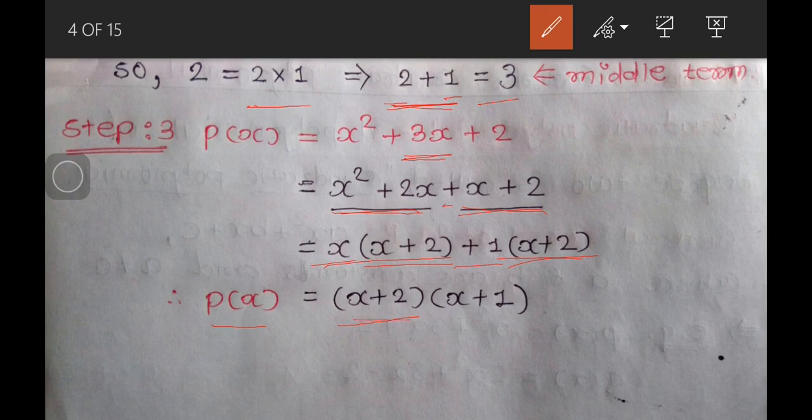Here x plus 2 we extract from both groups, then the remaining part is x and plus 1, and we put it in another bracket. So this is about the factorization method of a quadratic equation.